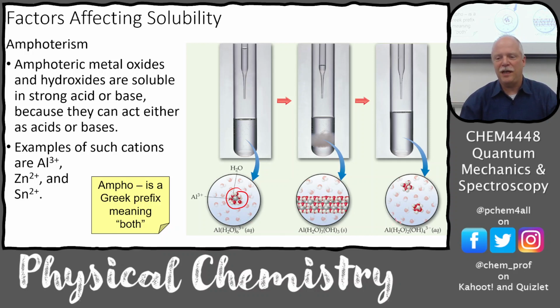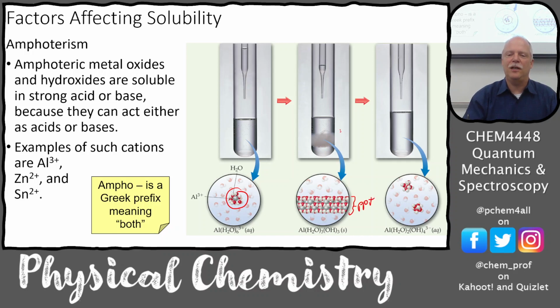In strong base, you've got some base ions on there, and then the aluminum hydroxide can also act like a base. So you have a mixture of aluminum hydroxide and aluminum with water around it, and that's soluble. But here in the middle, you've got just the right amount of base, the right amount of water, and you've got an aluminum structure that will precipitate out.